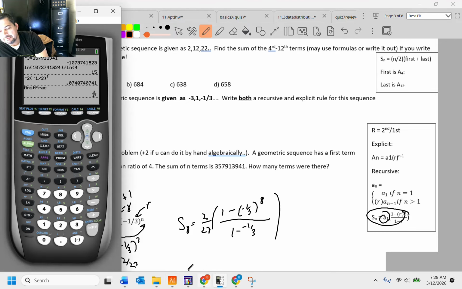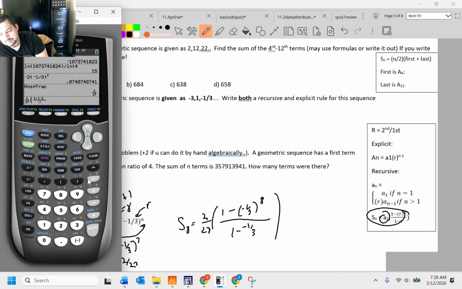I don't know if it's going to be able to give us a nice fraction on this one. I know I could do it by hand and get a fraction, but I don't know if it's going to. I think we'll probably run into its limitations on this one.